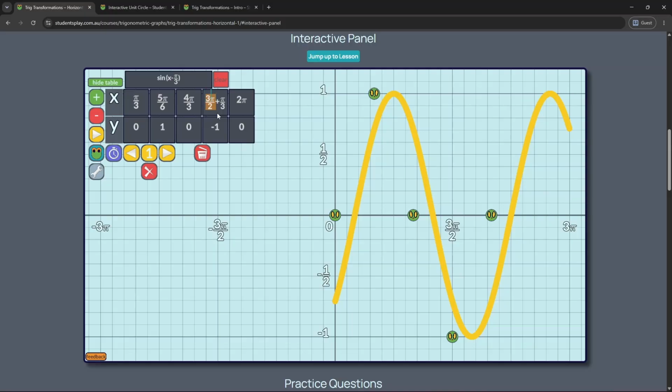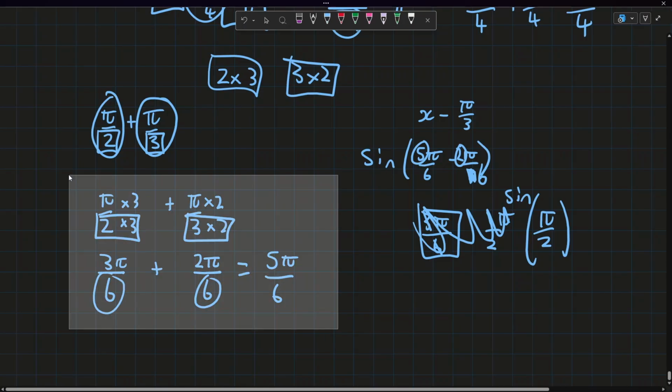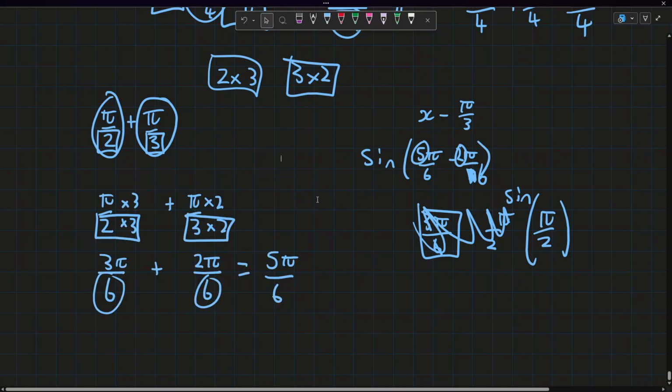So this would end up being a 9. This would end up being a 2 pi. And then 9 plus 2 is 11. And the denominators would be 6. So we should be good to just do 11 pi on 6 there. Cool. And if you want to see that properly, just write it down like this. Do the cross multiplication. You should be fine.